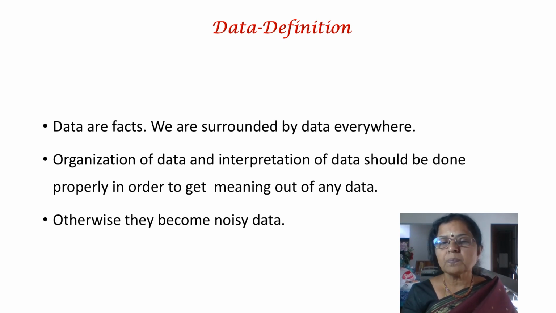And suppose in a hospital, we can say the number of doctors, the number of patients, their diseases, the various departments, the nurses, their names, their salary. So all these things constitute data. Like this, we can go on enumerating. Now I think you got an idea about what data is.